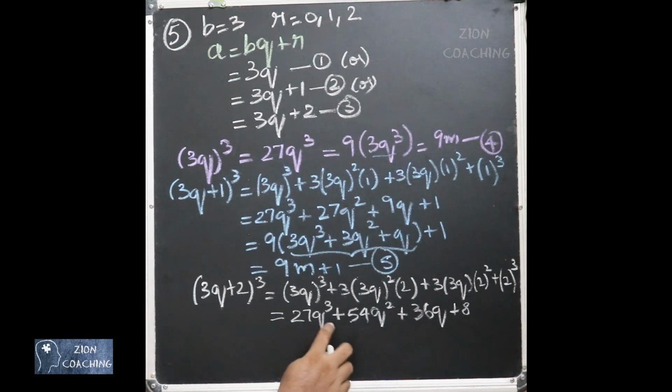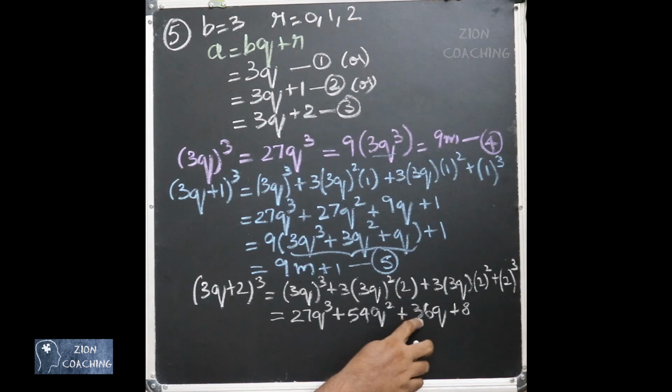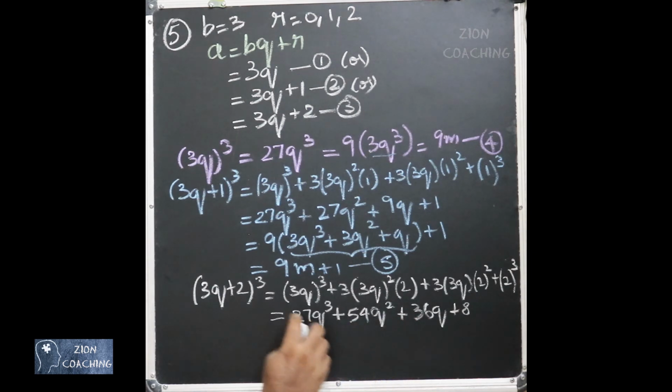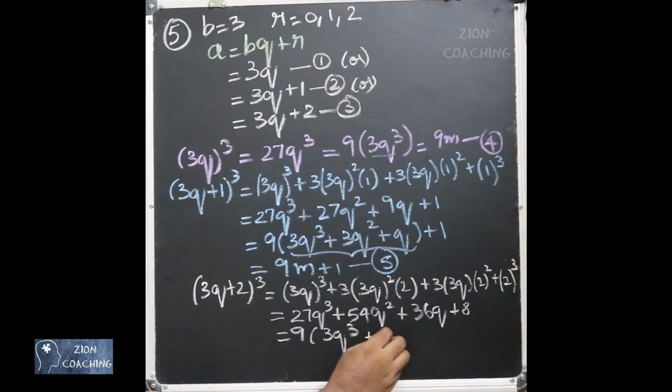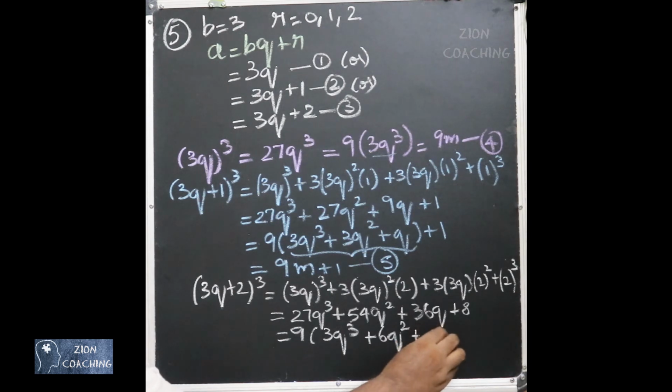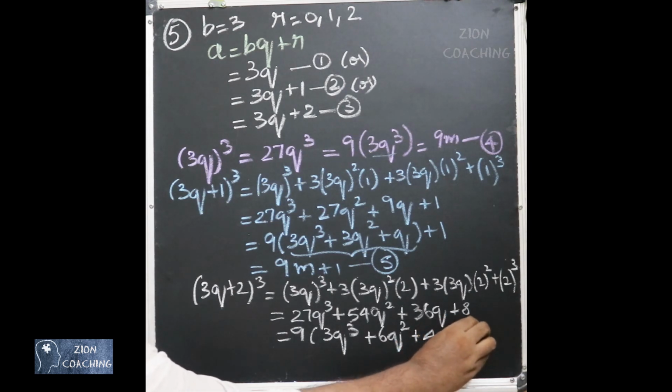Now we can see that for the first 3 terms, the coefficients are multiples of 9. So we are going to pull out that 9 commonly outside. Then we are going to have 9 into 3q cube plus 6q squared, since 9 6s are 54, plus 4q, since 9 4s are 36, plus 8.